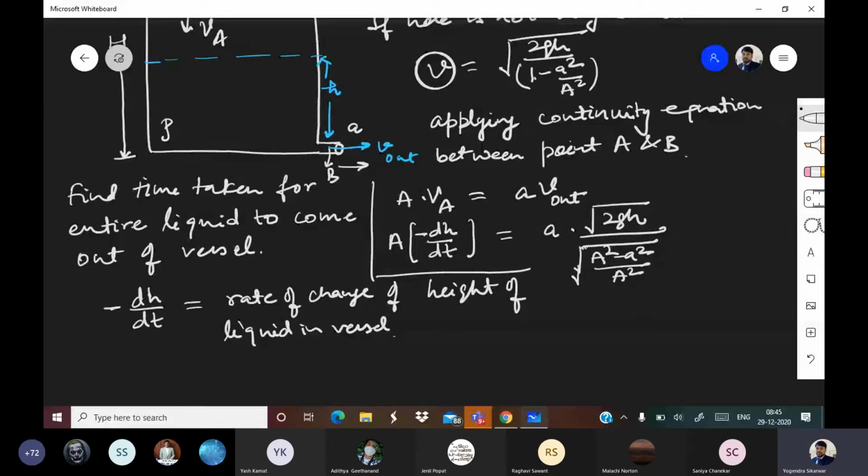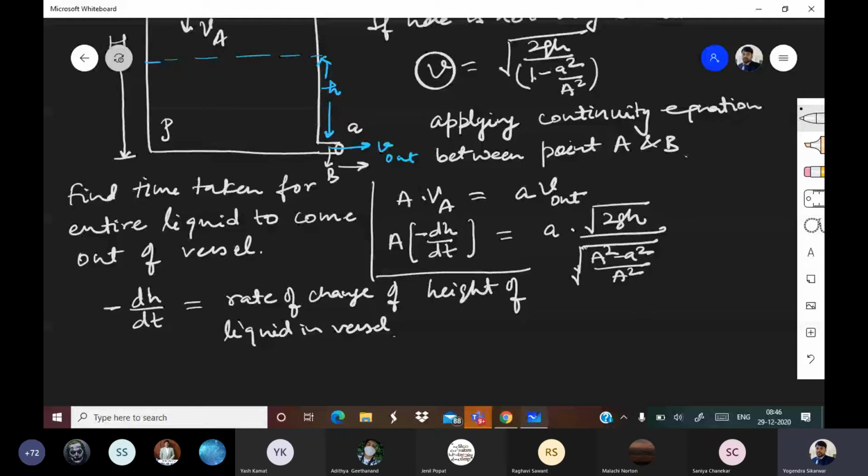Now you tell me, if you have opened the tap, then can this height increase? No. Height will only decrease.